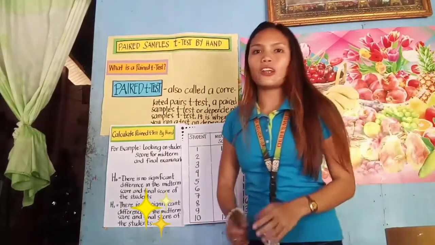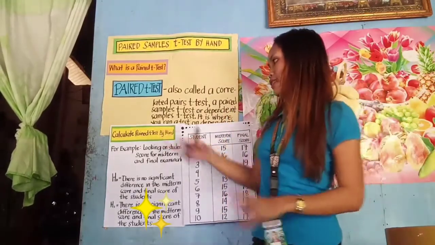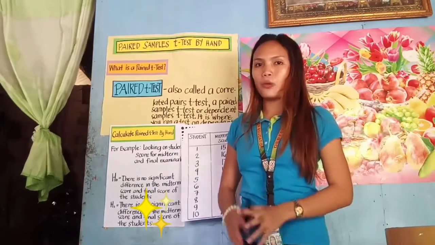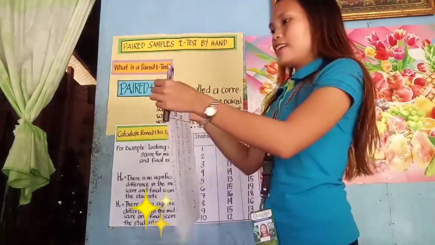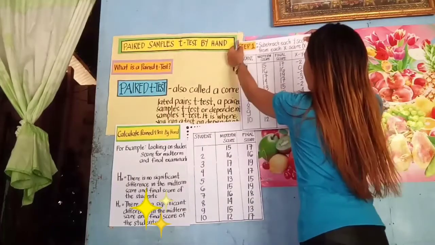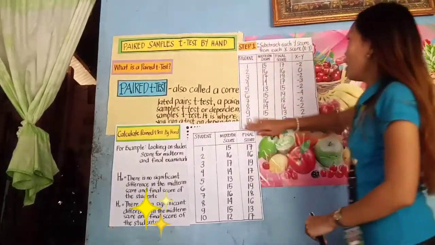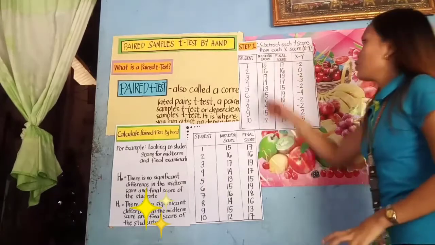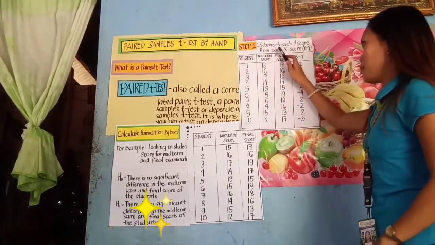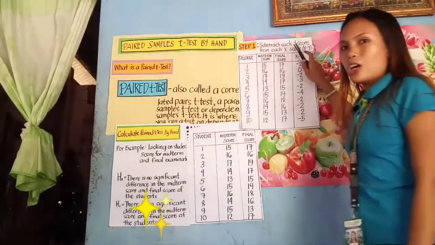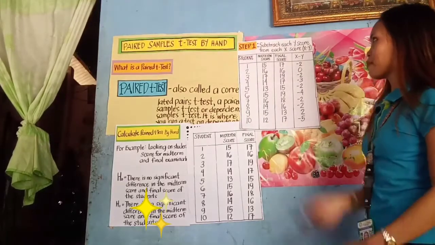So now, we are going to calculate paired t-test by hand following the steps. So now, here is step 1. Step 1, subtract each y score from each x score, or x minus y.